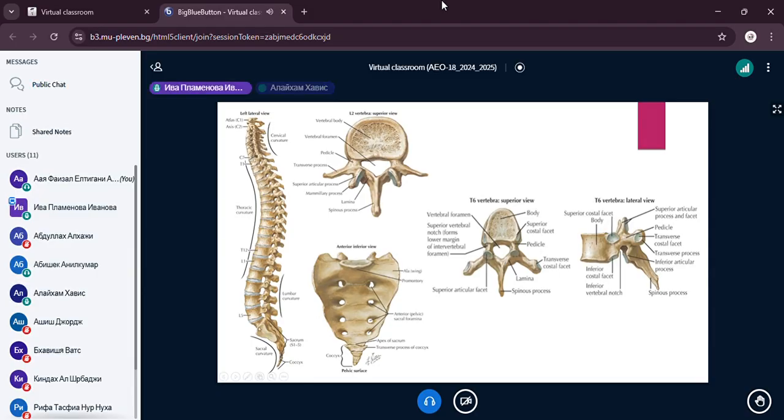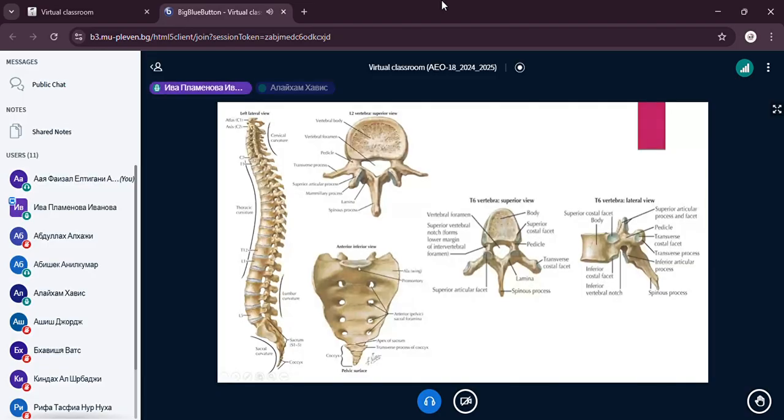That's the connection with the ilium, yes. But the name of this surface, do you know? Do you remember? Like an ear, so it's called the auricular surface. Auricula means ear. Okay.